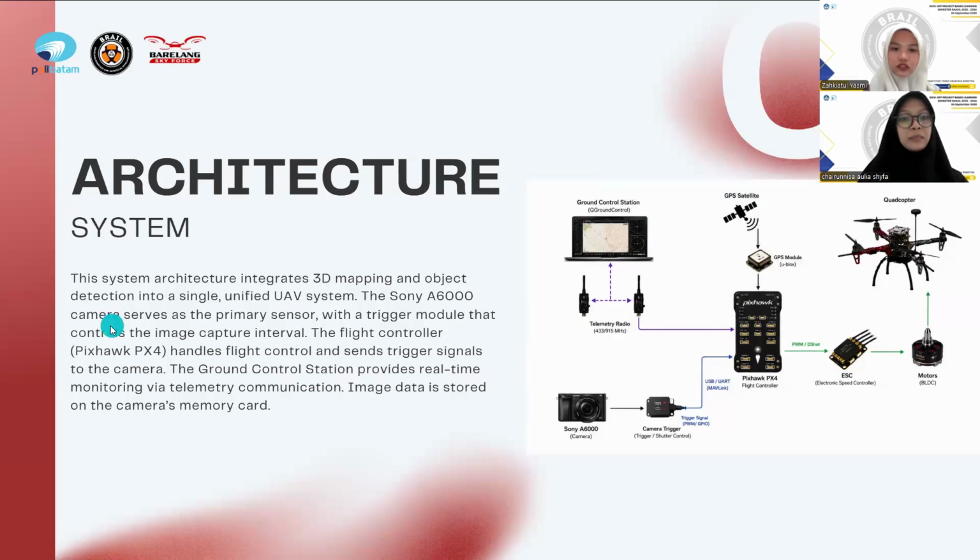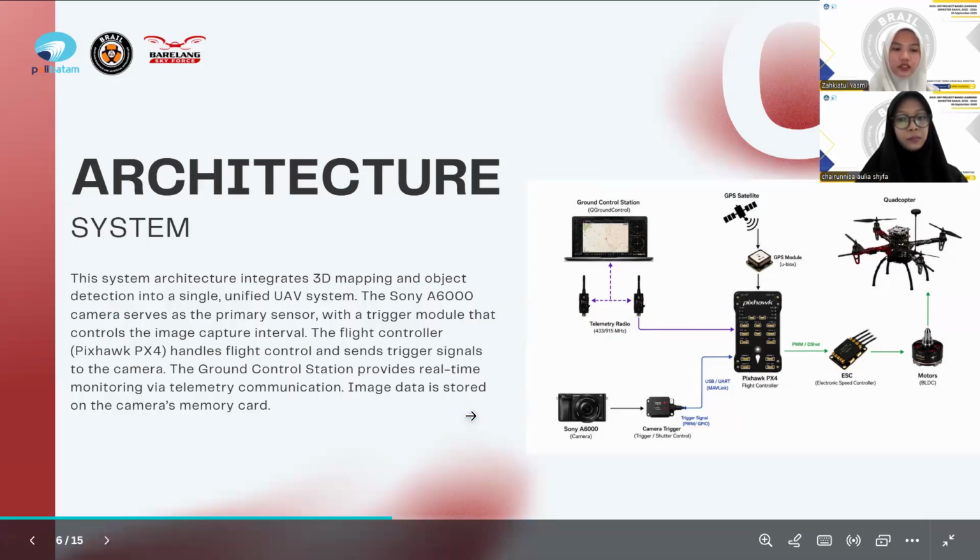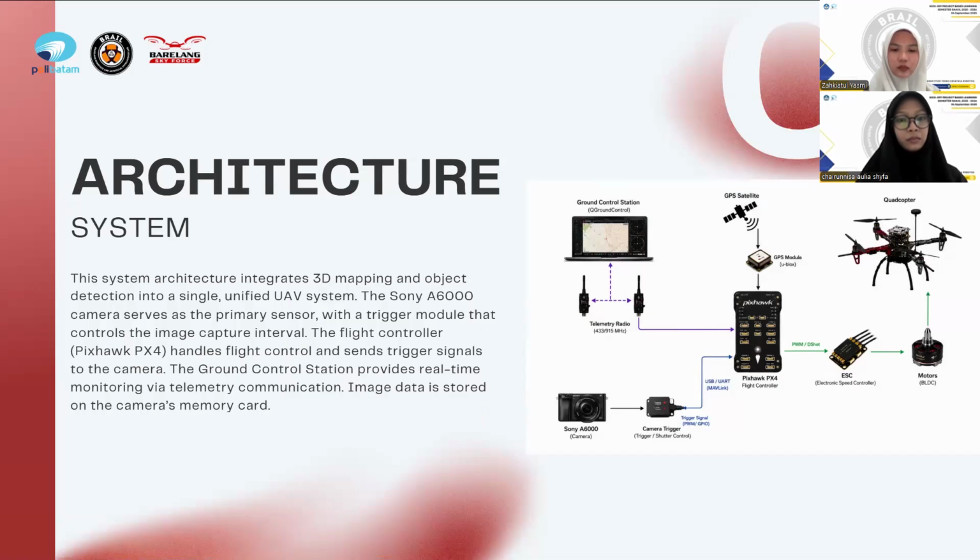Okay, this is the architecture system for mapping. The system architecture integrates 3D mapping and object detection into a single unified UAV system. The Sony A6000 camera serves as the primary sensor with a trigger module that controls the image capture interval.